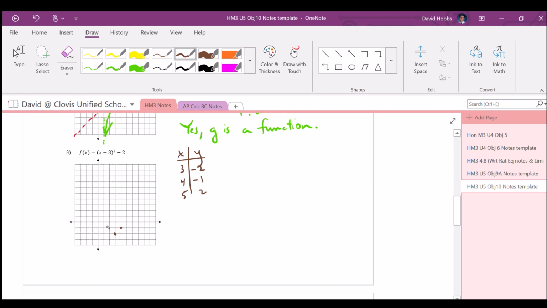So if I go 1 point to either side, I'm going up 1. And 5, 2. Okay, so that was 2 points to the right. So if I go 2 points to the left on the other side, then 1, comma 2 is also on there. Okay, so that should be a very good sketch then.